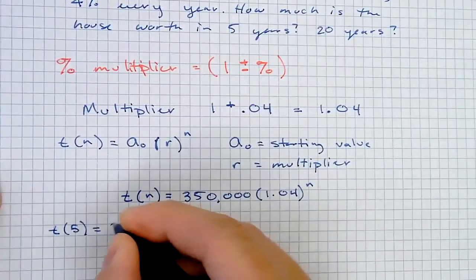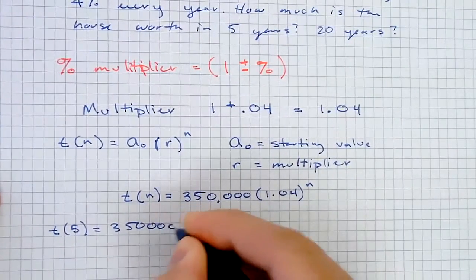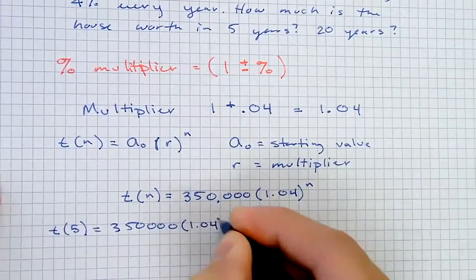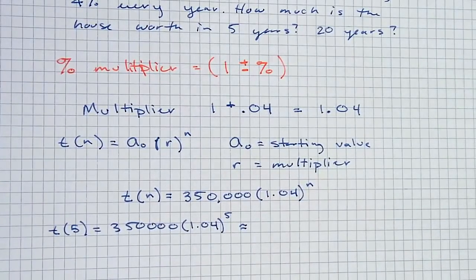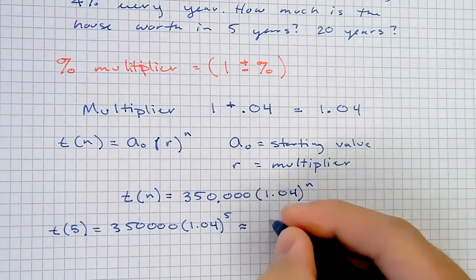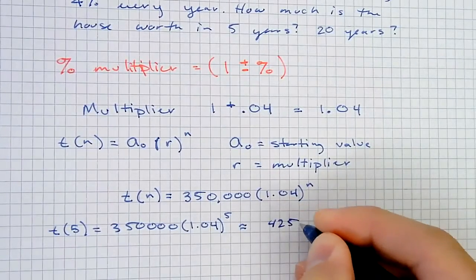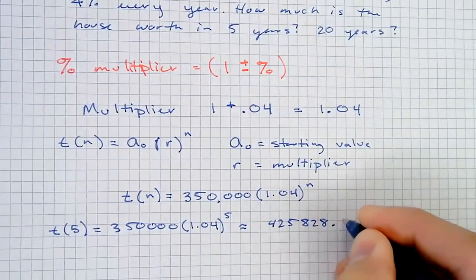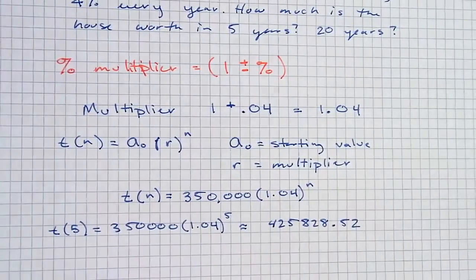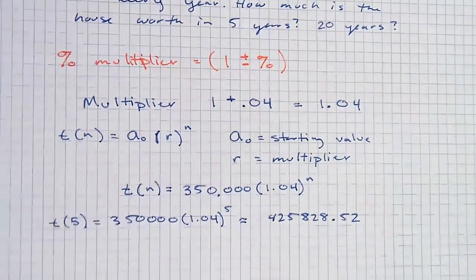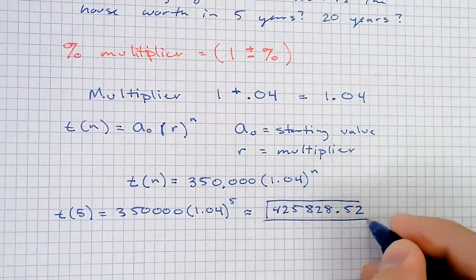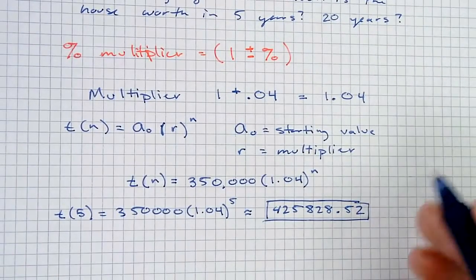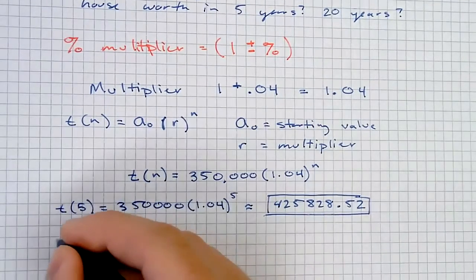So to find out how much it's worth in 5 years, plug in 5 for n. We get a value of $425,828.52.